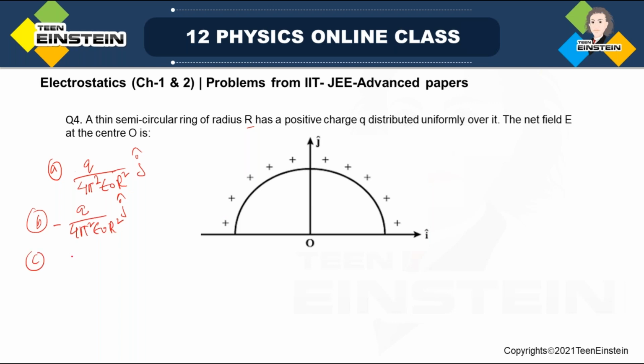Then option C says minus Q by 2 pi square epsilon naught R square J cap again, and D says it is Q by 2 pi square epsilon naught R square J cap. Okay, so this is the problem you have to solve.